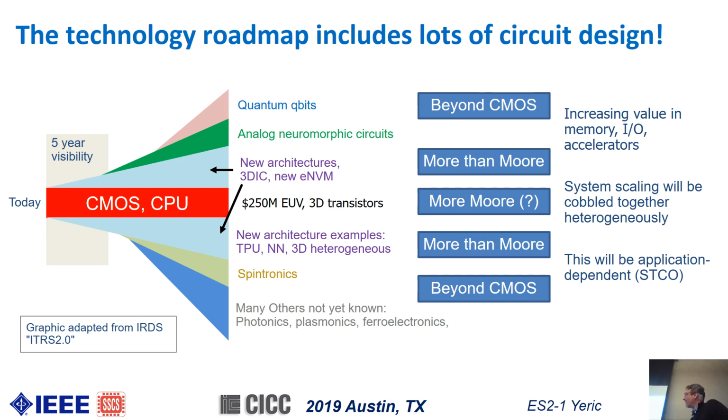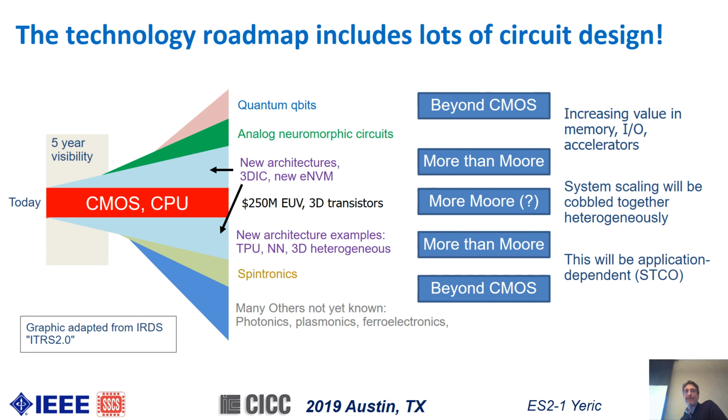I modified their graphic to show you that basically the way we're going to make progress is less about Moore's Law and big processors, and more about integrating heterogeneously different technologies, different application logic in the 3D IC, using the non-volatile memories, and then when possible using some of these fancier, beyond CMOS devices.